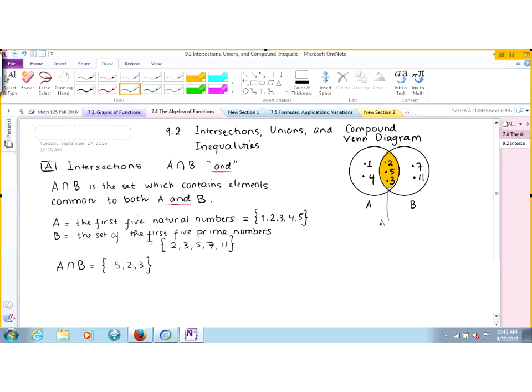This is A intersection B. So how many times do I write down 2, 5, and 3? Only once. Venn diagram. The name is Venn diagram.